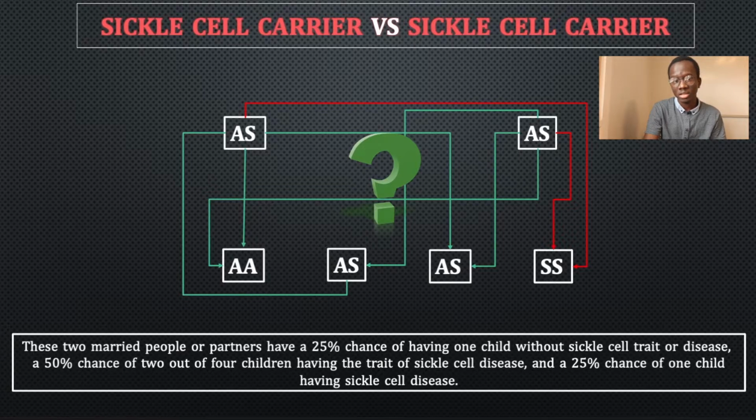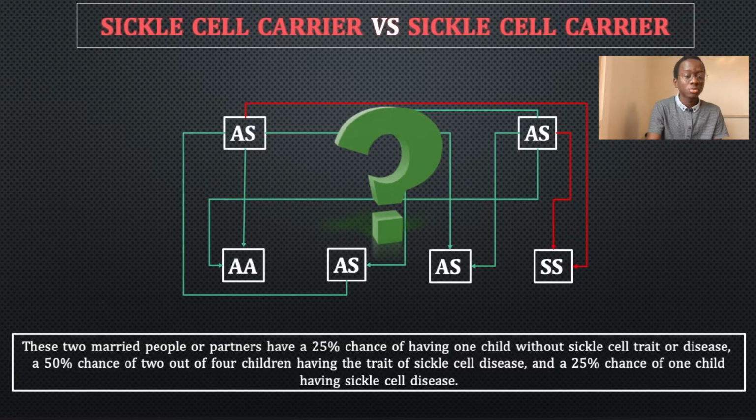And if you are AS, do you think that 25% chance is worth taking into consideration when it comes to starting a family with someone who is AS like you? Or is it not something to consider? Tell me your thoughts in the comment section.